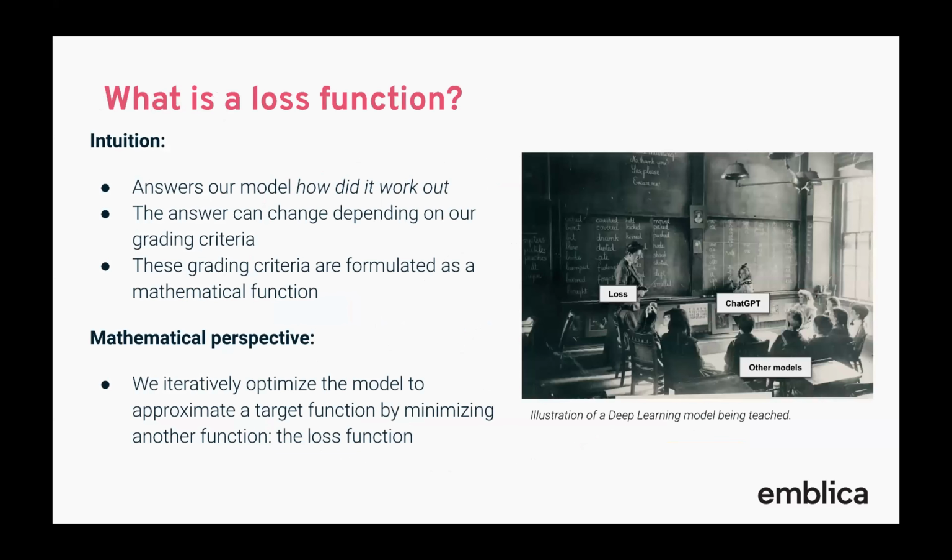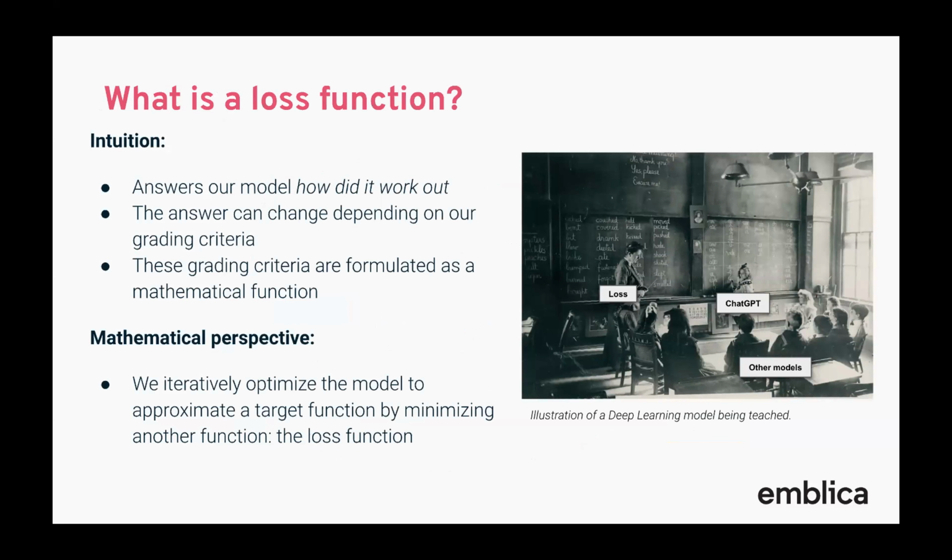The non-mathematical intuition is that it answers our model, how did it work out? It's just a guide for the model during training, and this answer can change depending on our grading criteria.